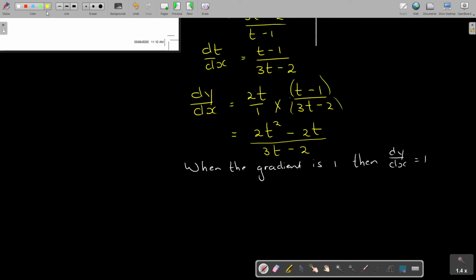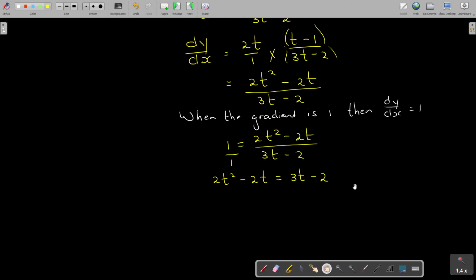So in the place of dy over dx, I'm just going to put a 1. And then I have 2t squared minus 2t over 3t minus 2. I put it over 1. I cross multiply. So I have 2t squared minus 2t equals 3t minus 2.